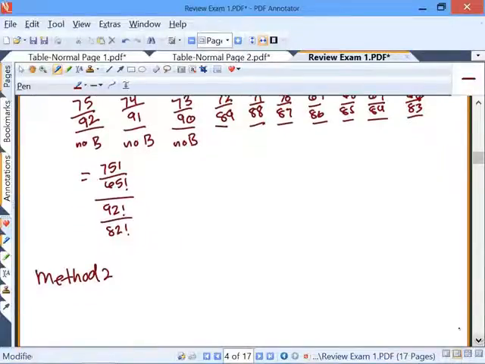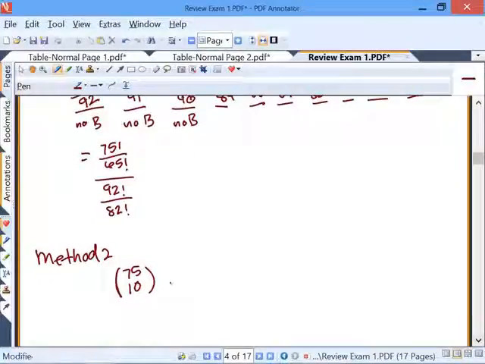So I need to choose 10 fibers that are not B. How many fibers are not B to start with? There are 75 not B fibers, and I need to choose 10 of them. So this is to get not B's.